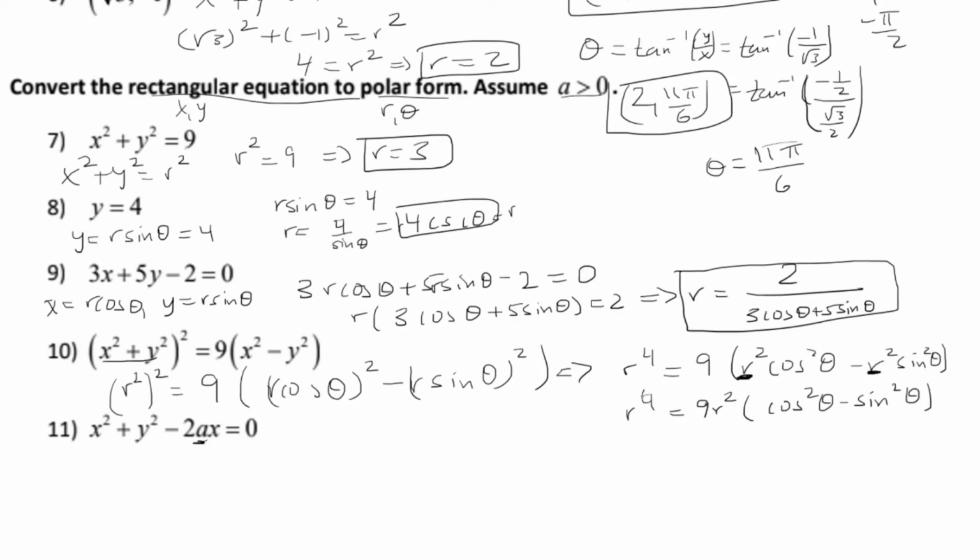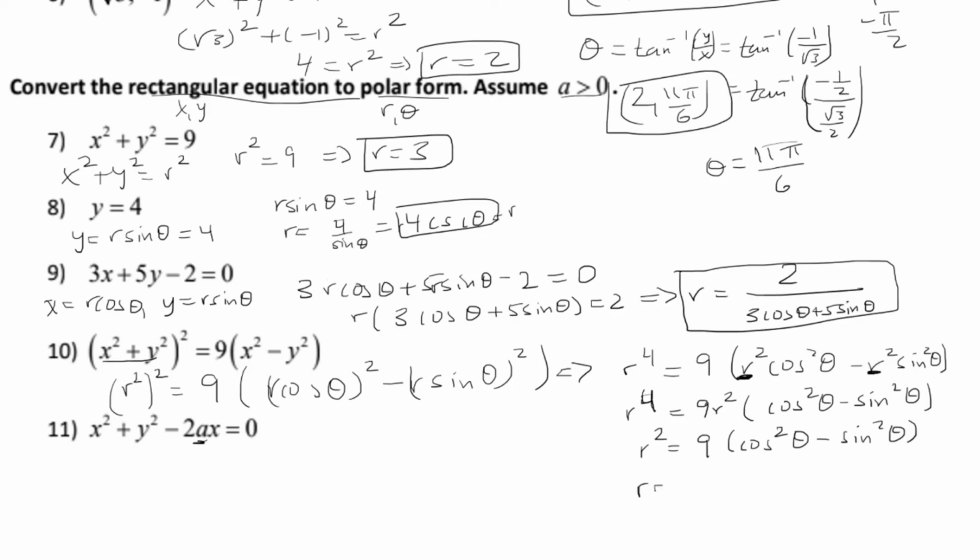I can divide both sides by r squared. And here we're assuming that r is non-zero, because if r was 0, you would get nothing. So that doesn't make sense. Anyway, so let's divide by r squared. So r squared is equal to 9 times the quantity cosine squared minus sine squared.